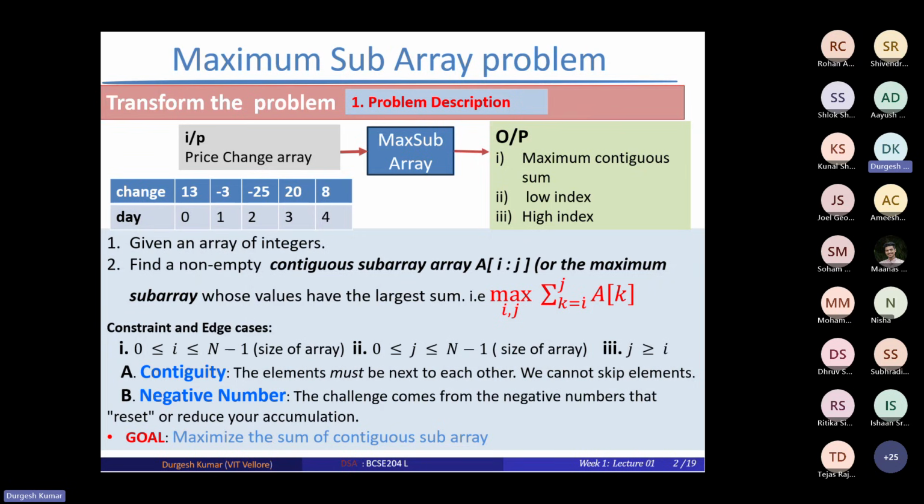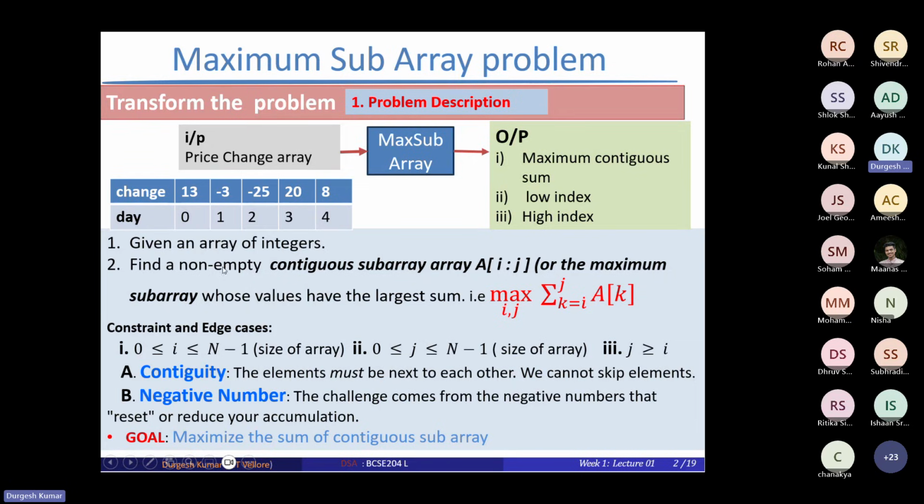So this is the problem statement: the problem description, the input, output, the constraint, and the edge cases. Input is an array of numbers. Output, you have to give the maximum contiguous subarray sum, low index and high index.